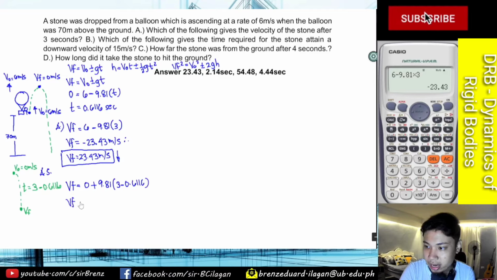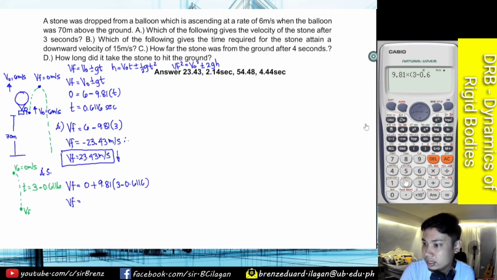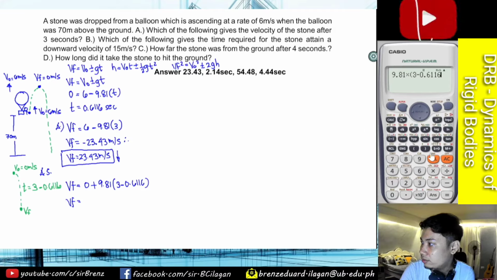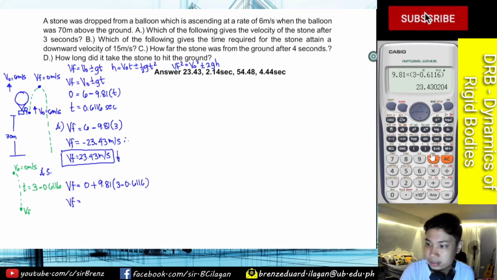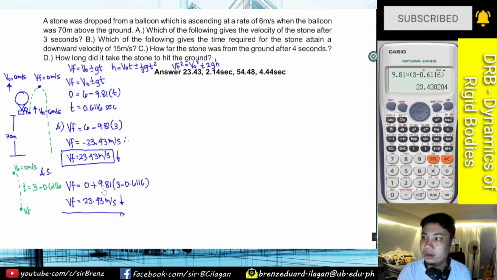So, we get the same answer. Let's check: 9.81 times 3 minus 0.6116. So, 23.43 meters per second, downward. Okay? So, either of these two solutions is acceptable.